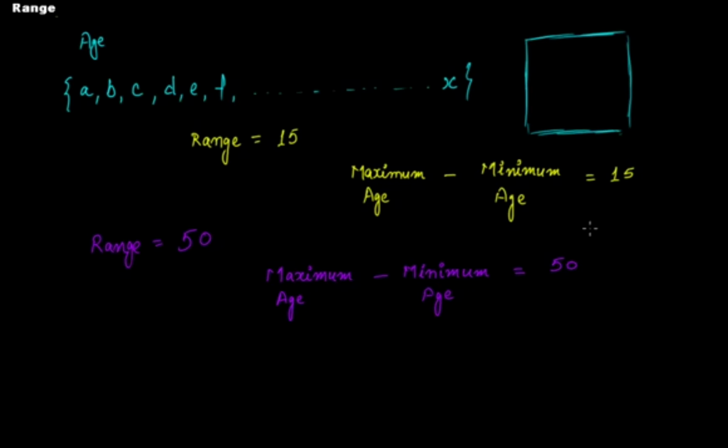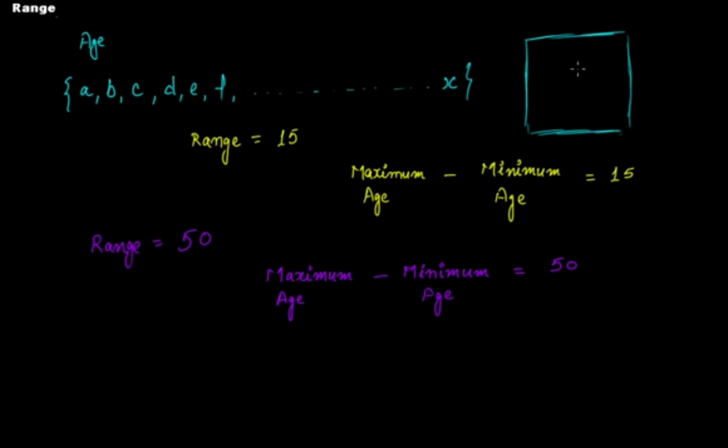It means that maybe people of two generations are present there, right? So in the earlier case the age difference was not too much, but in this case it is 50. That is, the age difference is too much.